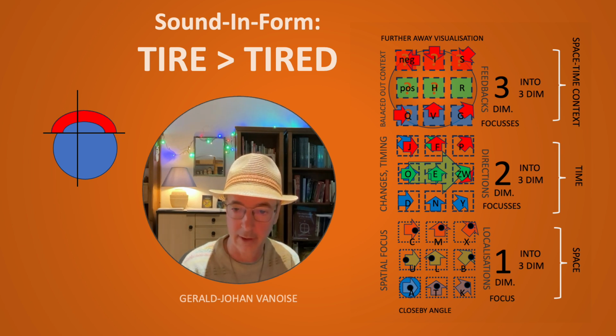There are 9 letters which are positions, 9 letters which are directions, and 9 positions which are about context given.